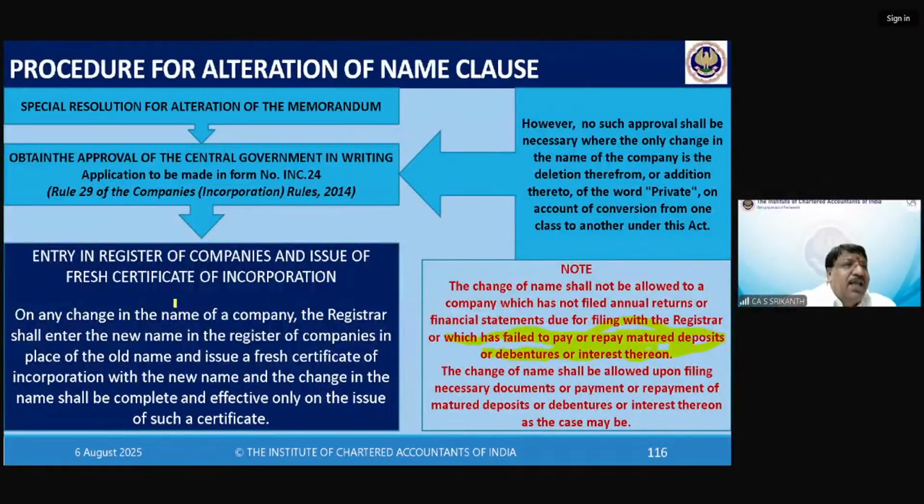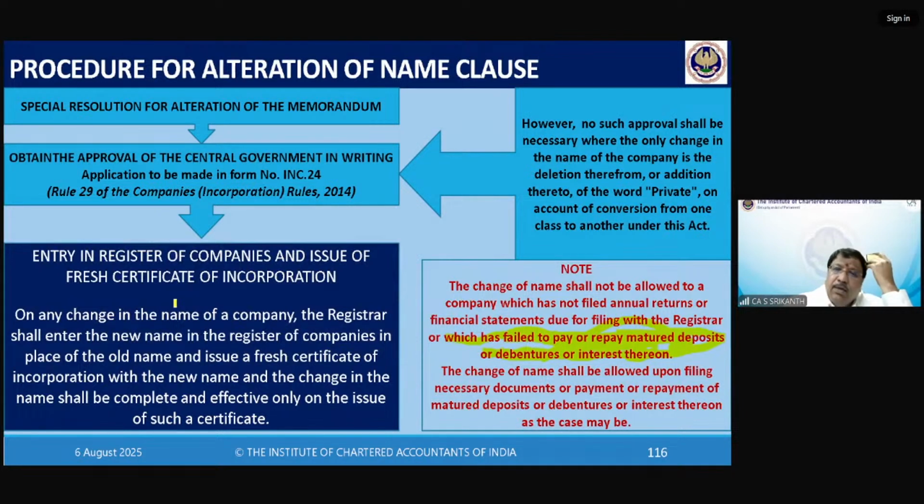But if you want to change the name itself, currently the name of the company is Dubacor Limited. You want to change it to Manar and Company Limited. Okay, you have to first pass a special resolution, then obtain the approval of the central government in writing. You have to make an application in INC 24. Then the registrar will enter it in the register of companies in the fresh name, and the fresh certificate of incorporation will be given.